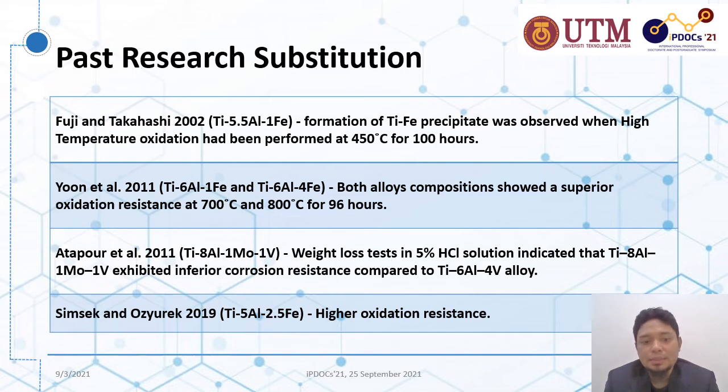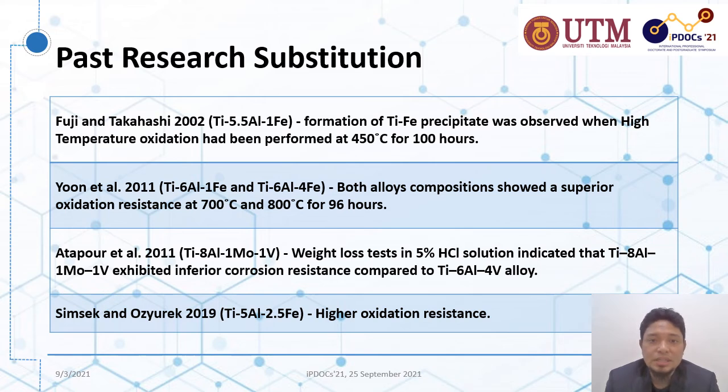Another one is Atapor et al. in 2011 with a composition of titanium 8 aluminium 1 molybdenum and 1 weight percentage vanadium. It shows that weight loss tests in 5 molar hydrochloric acid solution indicate that this composition exhibits an inferior corrosion resistance compared to Ti64.